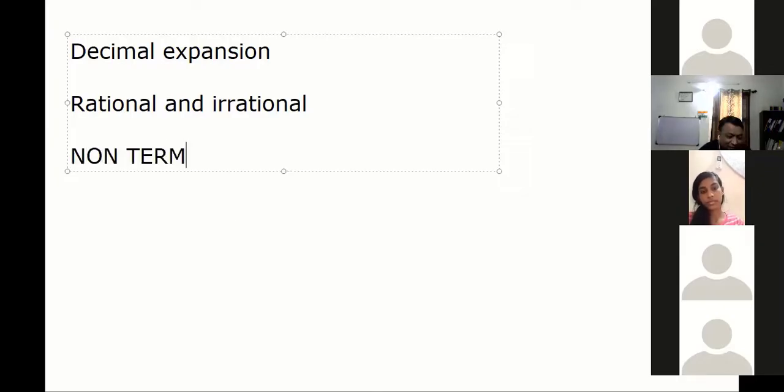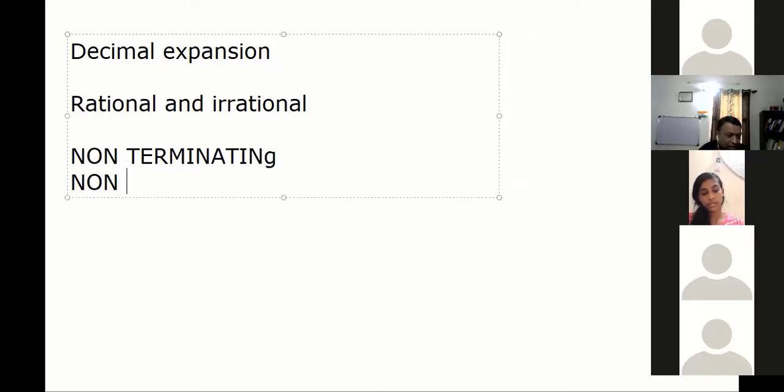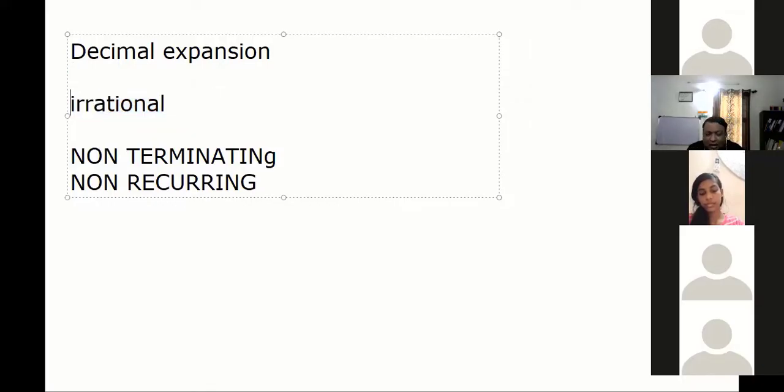Non-terminating and non-recurring, it cannot repeat. That is what an irrational number is. And all the irrational numbers we cannot write in the form p by q, where p and q are integers. So now everybody knows this.